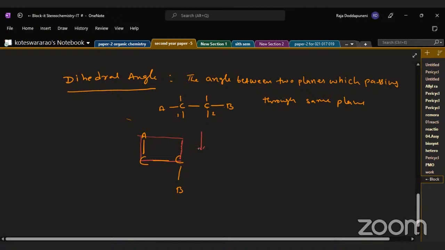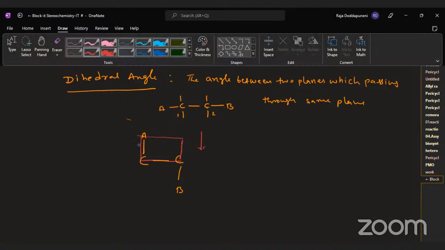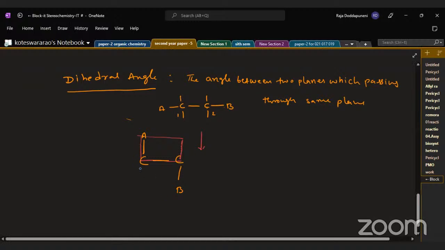Now the second plane: this one, the second plane which is passing through the two carbons and the substituent B. Simply you can understand this. This is the CC bond.